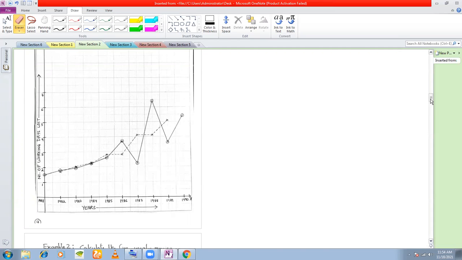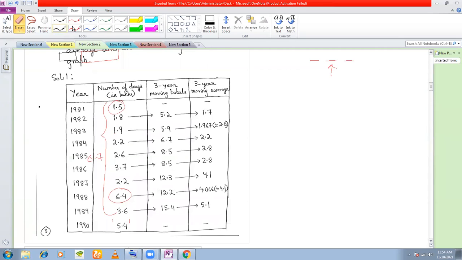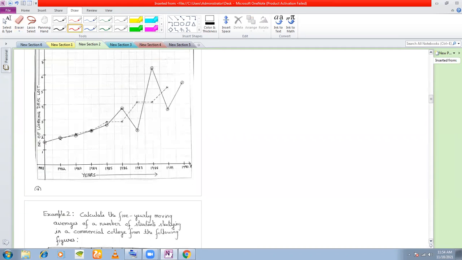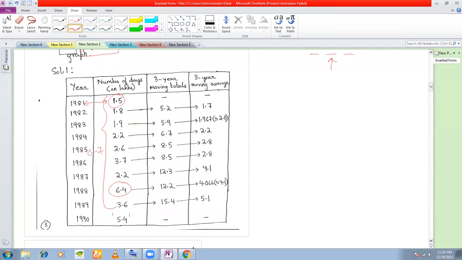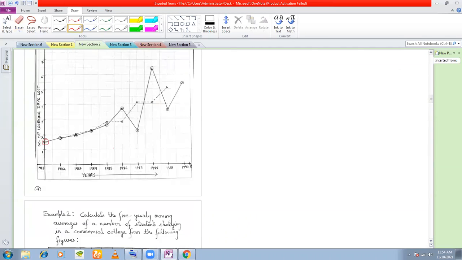Now what do I plot? First of all, 1981 has a value 1.5, right? So corresponding to 1981, I plot the value 1.5. For 1982, I have 1.8, so I plot this value 1.8 against 1982.